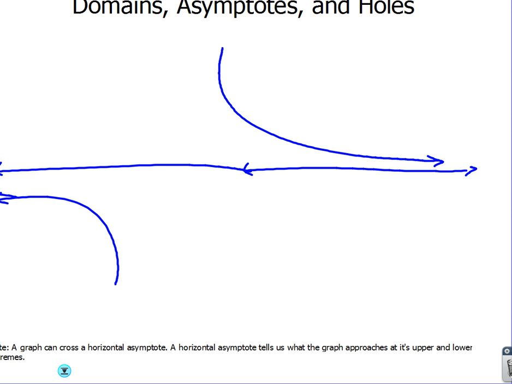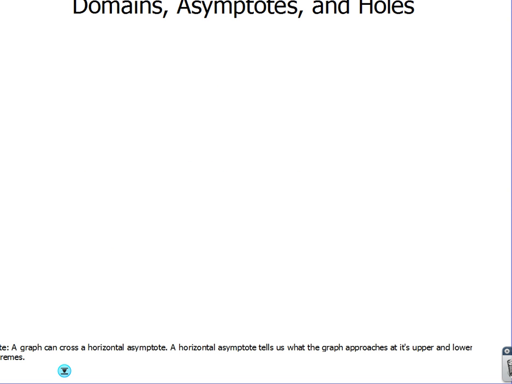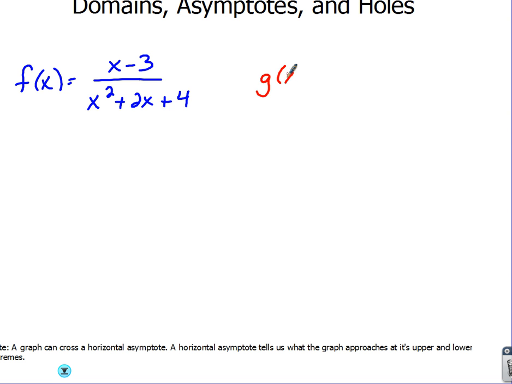Now here are the rules for this. This is a little bit tougher. It all depends on degrees. Let's see, f of x equals (x minus 3) over (x squared plus 2x plus 4). Three different scenarios here. G of x equals (3x squared plus 2x plus 1) over (4x squared minus 5).